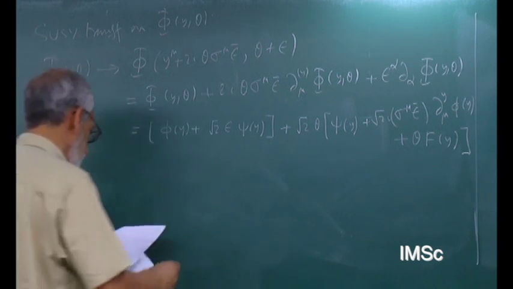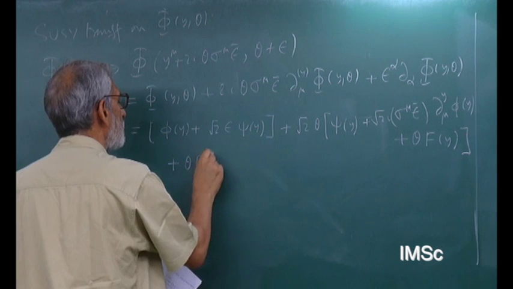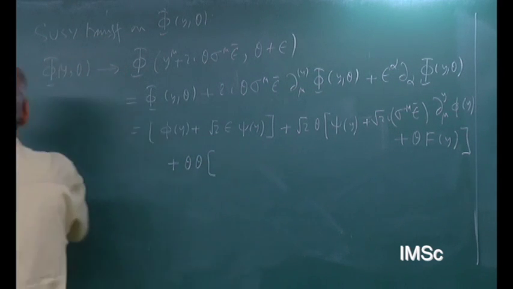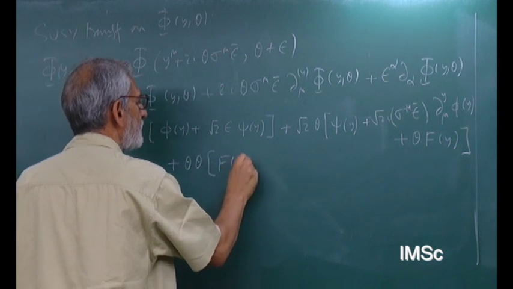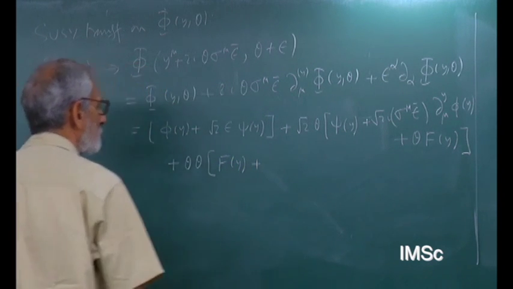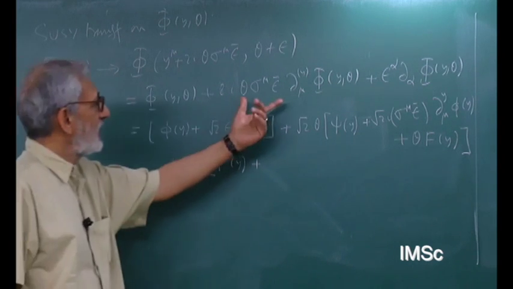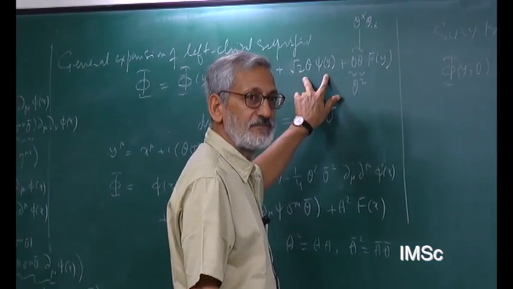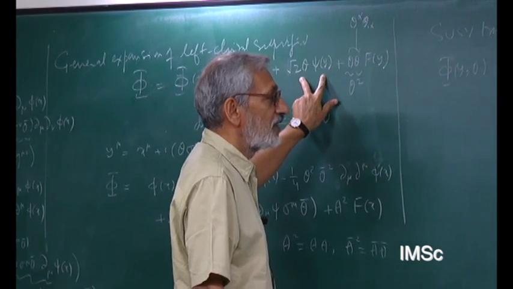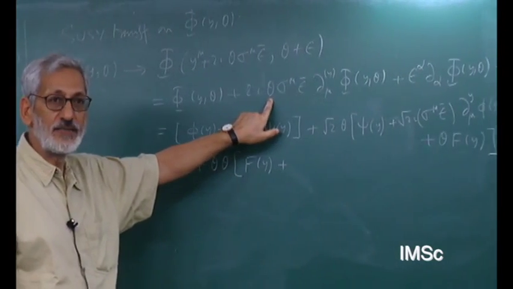Now collect the two theta terms. One will come from the f component of this object. The second will come from this derivative acting on the second component of this object, the derivative of psi. That will have two thetas. One theta is here and one theta is here.